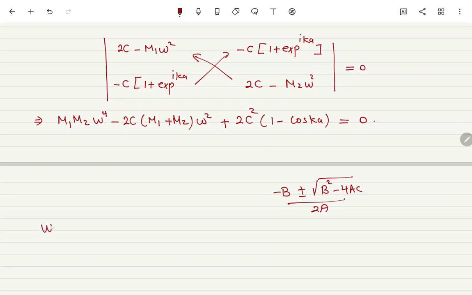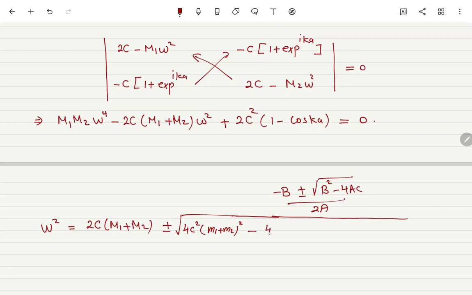We will get omega square equal to 2c(m1 plus m2), this is actually b, plus or minus square root of 4c square (m1 plus m2) whole thing square, minus 4 m1 m2 times 2c square (1 minus cosine ka), and this whole thing divided by 2 m1 m2.